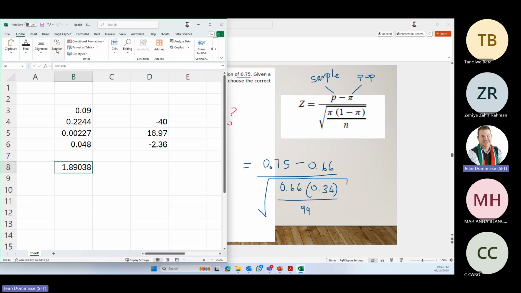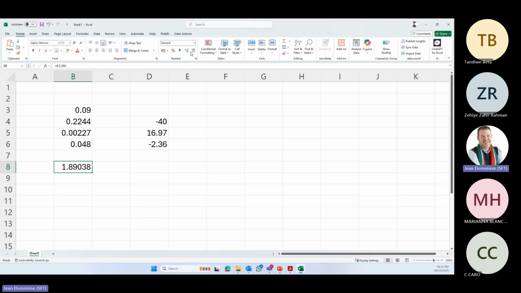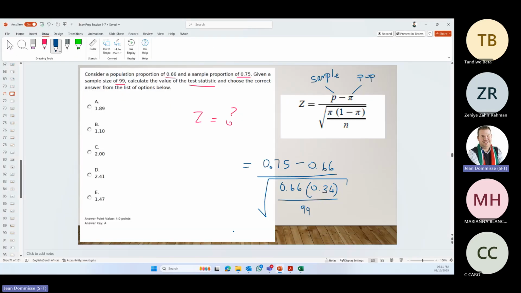We probably will again round it off to 2 decimals. So 1.89. Let's see, hopefully 1.89 is somewhere here. Yes, 1.89.